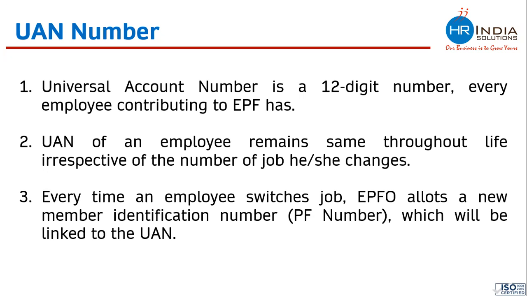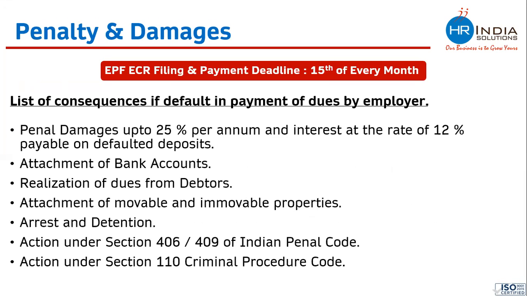PF number is company specific, where a state code comes, company code comes, and then the company number. So with 10 different companies, you might have 10 different PF numbers, but your UAN number remains unchanged. Every time an employee switches jobs, EPFO will allot a new member identification PF number, which will be linked to the UAN. So it will always be linked to your UAN number.